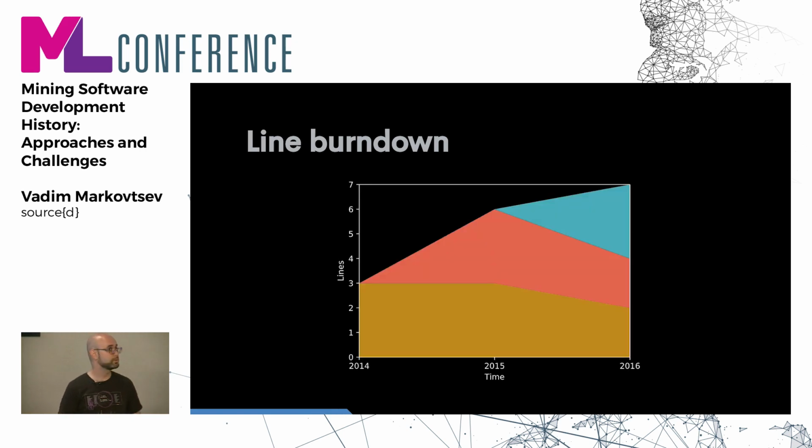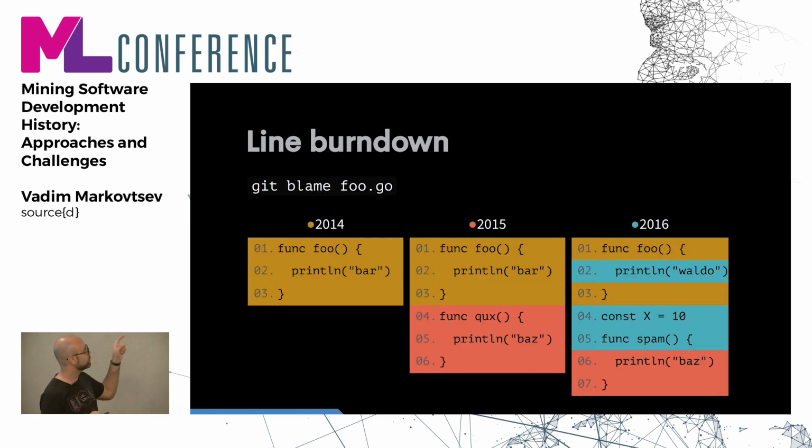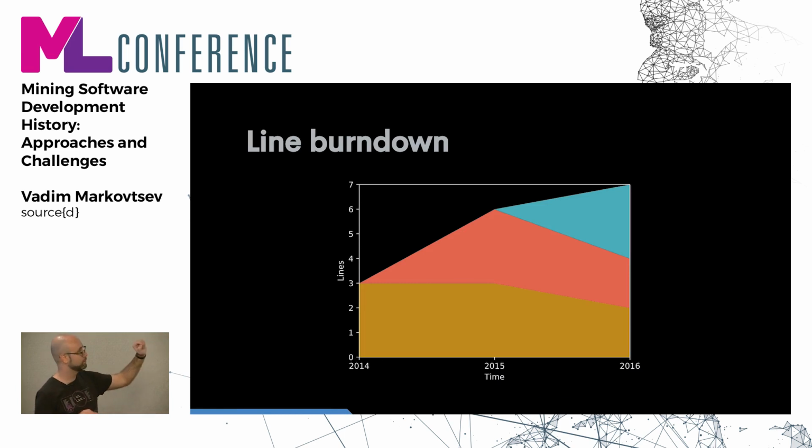You can plot how many lines which were created within a certain time period are still not overwritten through the future time. So the yellow band corresponds to the code which you created in 2014. In 2015, you still have 3 lines alive. This is why the line is straight.